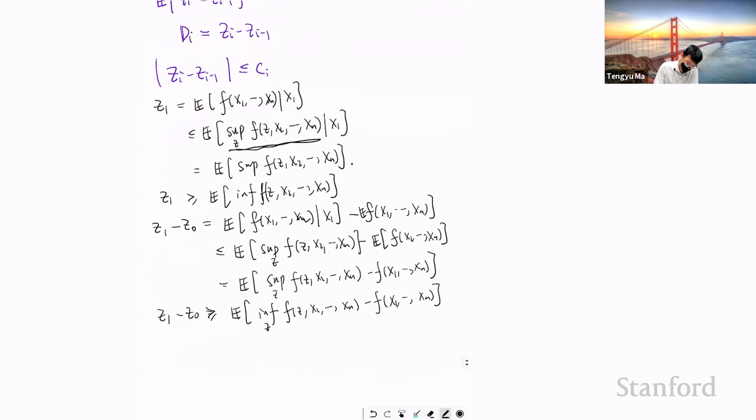If you define these to be b1 and a1, you have an upper bound and a lower bound on z1 minus z0. So b1 minus a1 will be the expectation of the sup, which is the extremal case, minus the inf.